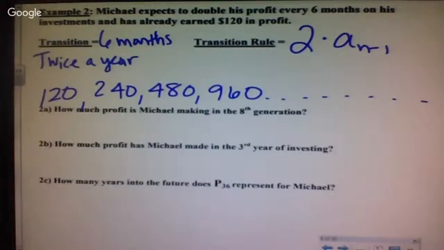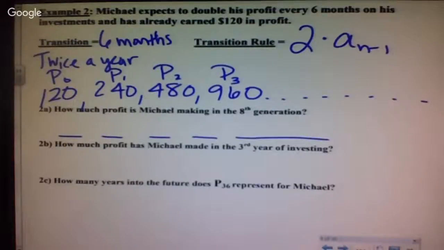So it says, how much profit is Michael making in the 8th generation? Right now, this is P sub 0, this is P sub 1, P sub 2, P sub 3. I still need 4, 5, 6, 7 before I get my answer.